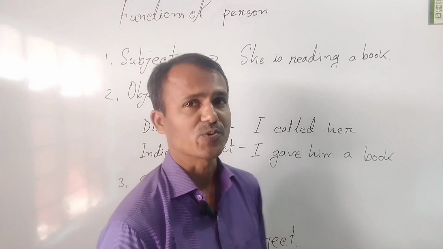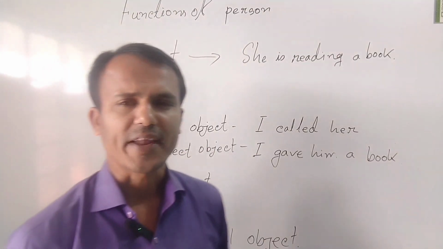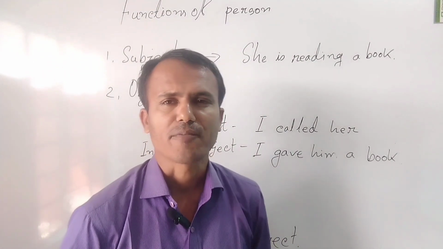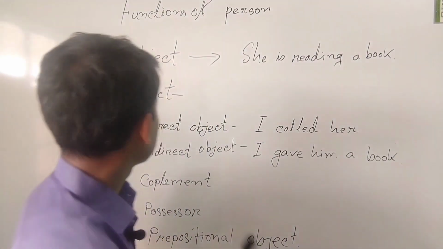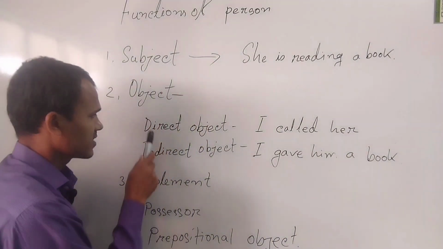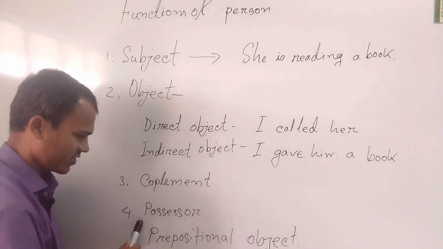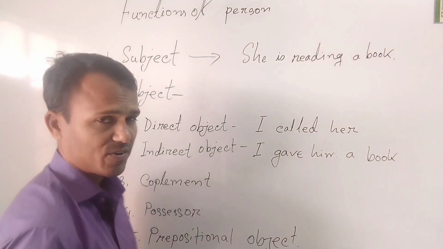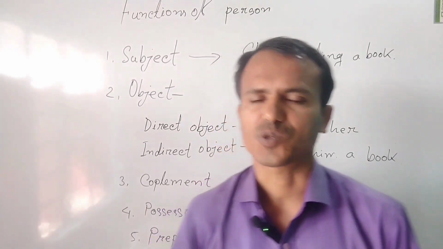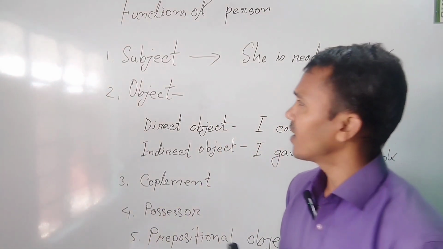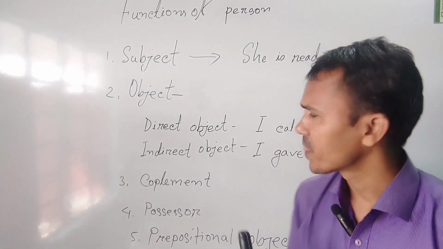The key functions include, dear listeners, there are many functions of persons. Among them, the most important functions of person are: subject, object, complement, possessor, and prepositional object. These functions of persons help you to know grammar in detail.